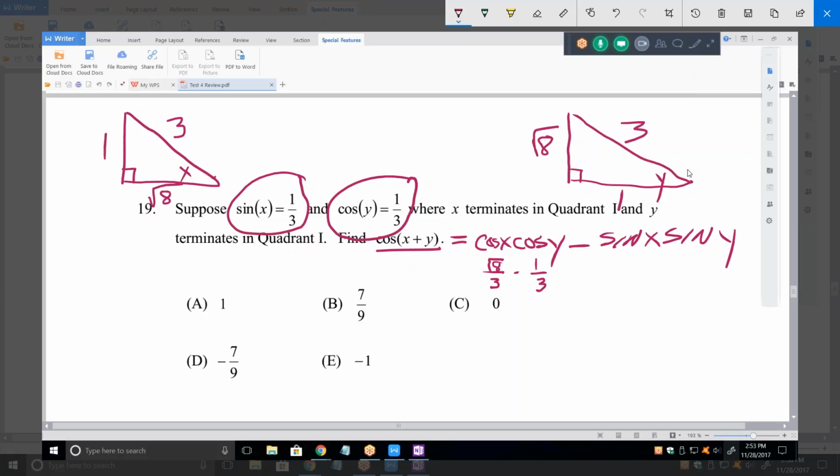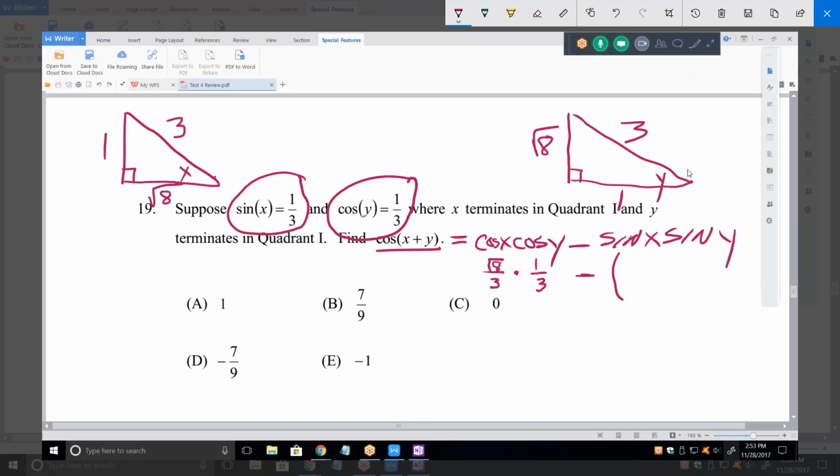What are the plus or minus signs of both of those? And why? What quadrant are both x and y in? 1, so they're all positive. I don't have a negative sign there. That's subtraction, not a negative sign. So it'd be minus 1/3.